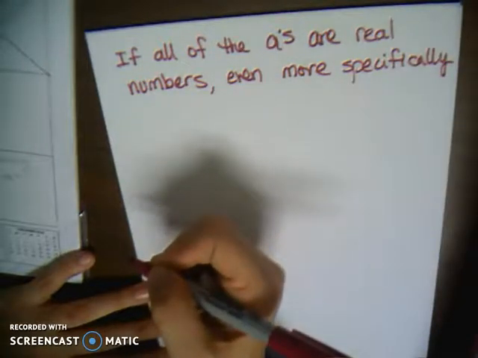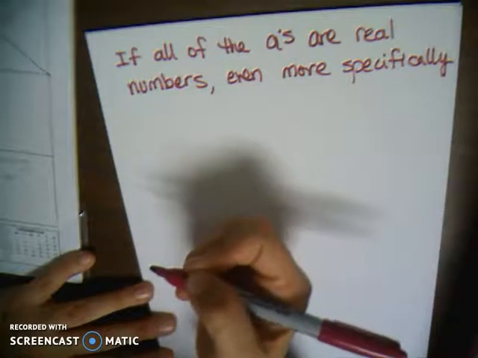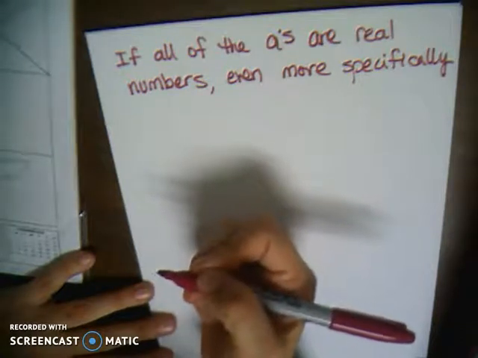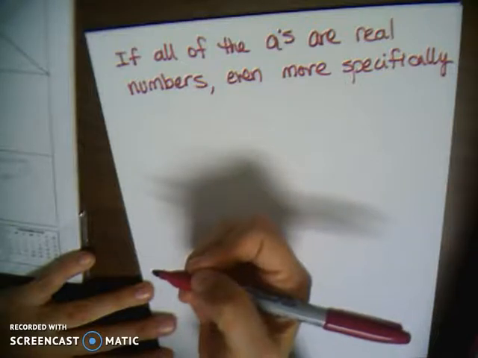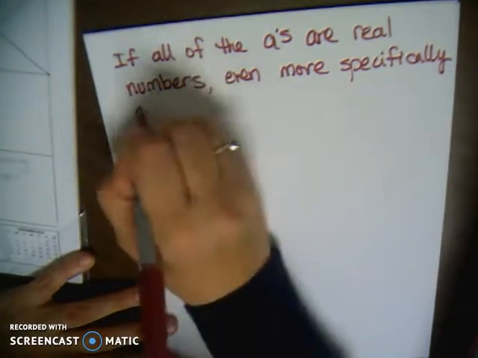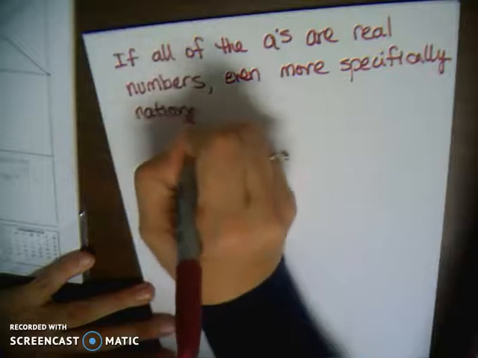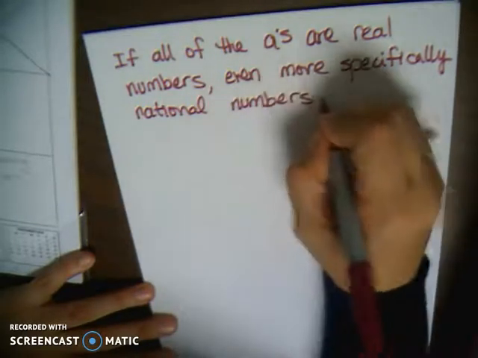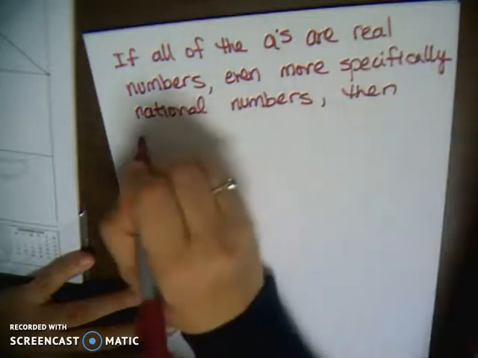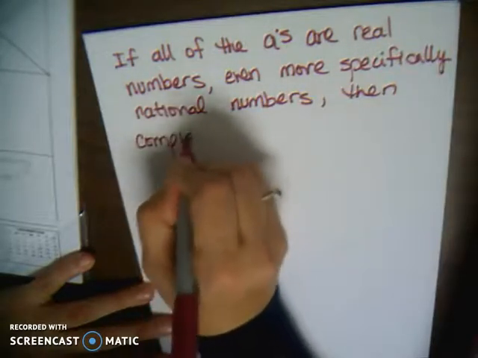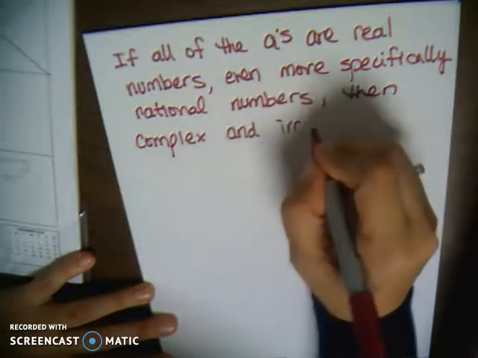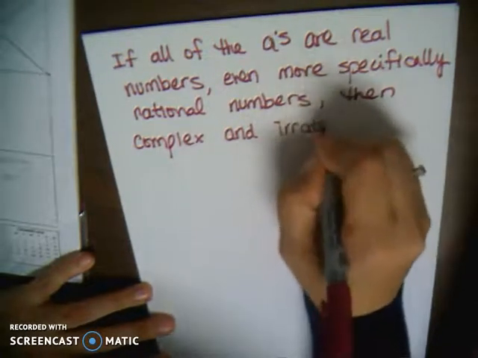And some numbers that can't be written as fractions are numbers such as pi or square root of 2, things like that. Those cannot be written as fractions. It's not possible. Then complex and irrational zeros will always come in conjugate pairs.